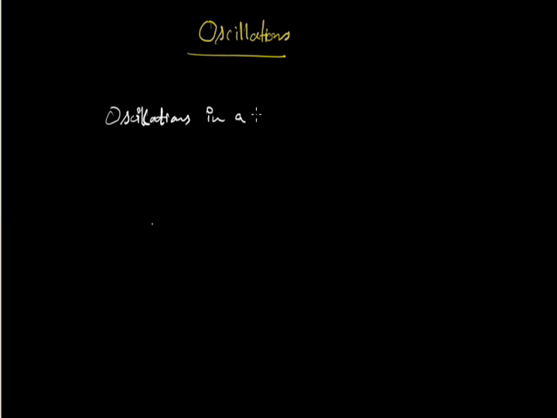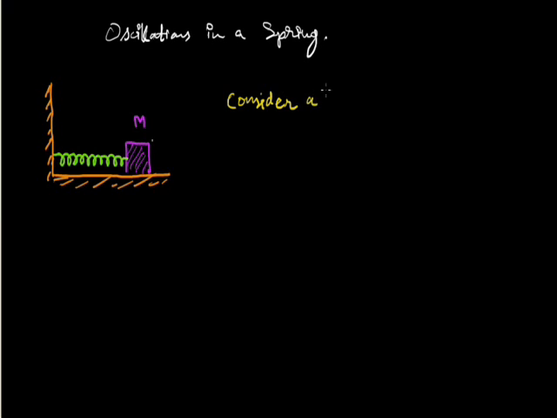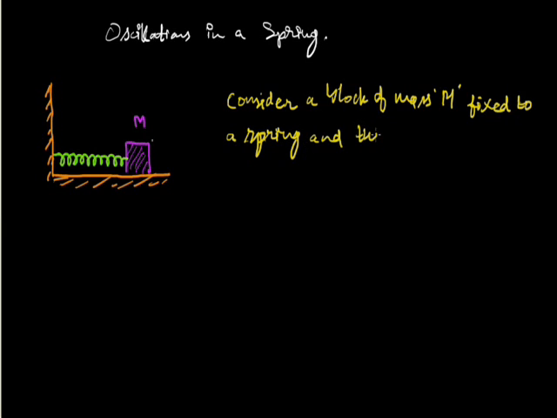Oscillation in a spring. Consider a block of mass m fixed to a spring, and the spring fixed to a rigid wall at its other end.